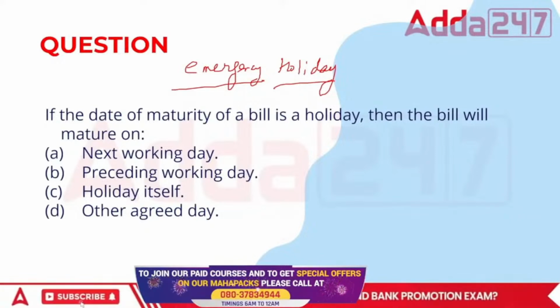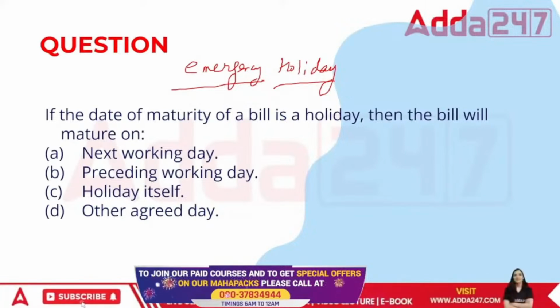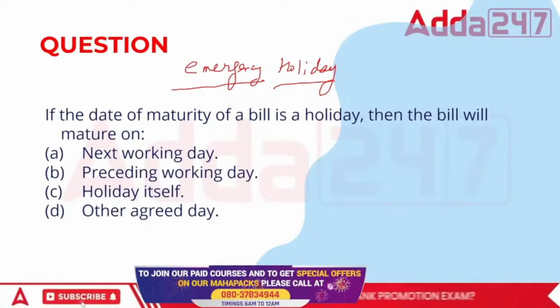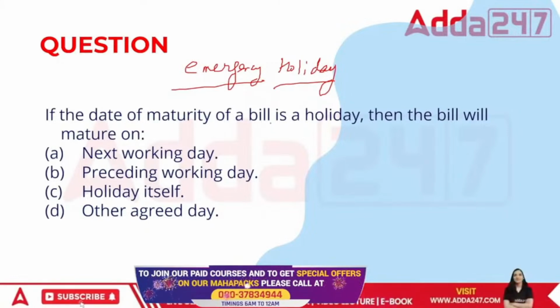But if we know that the particular day is going to be a holiday, for example, we know about 2nd of October, we know about all these dates already. So there are certain dates which are day offs.